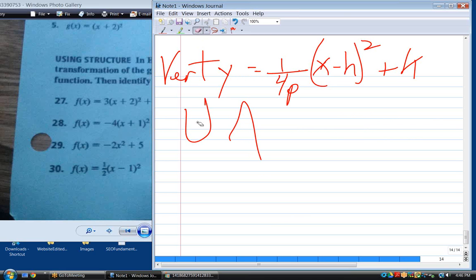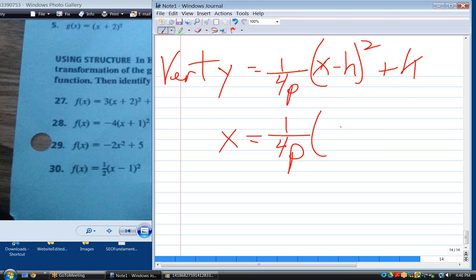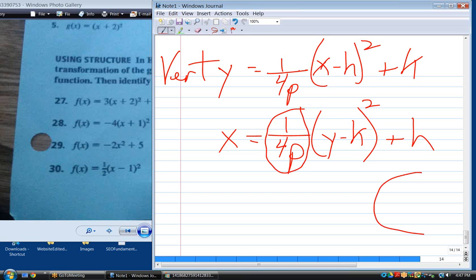What is the general format of a horizontal parabola? A parabola that either looks like that or looks like that. It's x equals either 1 over 4p or a, then y minus k. K always goes with y. Always. Don't ever put an H with a Y or a K with an X. All right. And again, if this term is positive, it opens to the right.